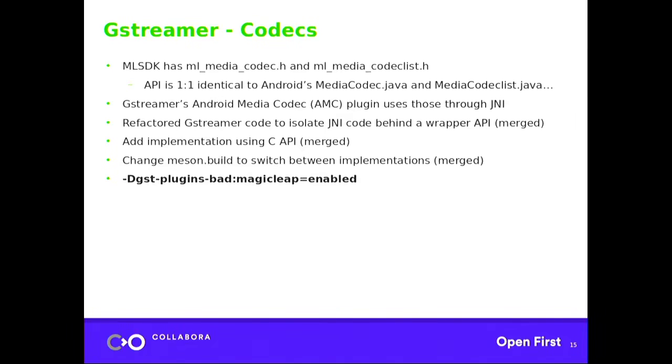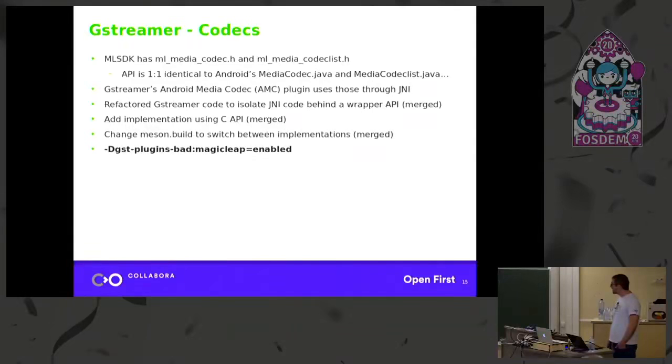So that's actually a good thing for me, because GStreamer already has that Android MediaCodec AMC plugin working. The only issue is that GStreamer used the Java API, so I had to move all those JNI calls, separate them behind a wrapper layer, and implement that wrapper layer with the Magic Leap API.